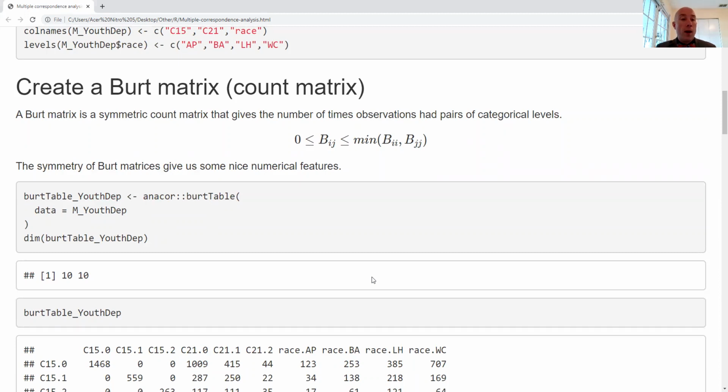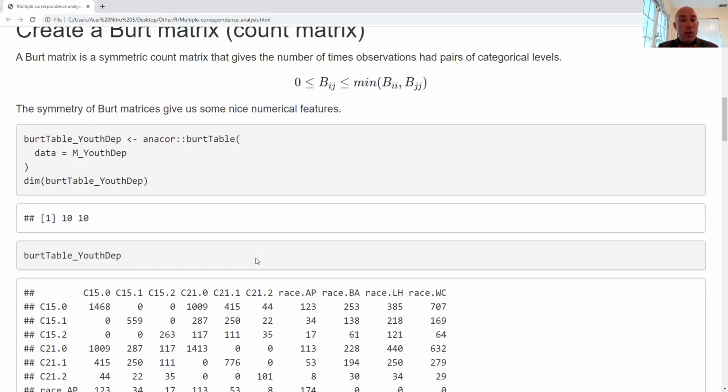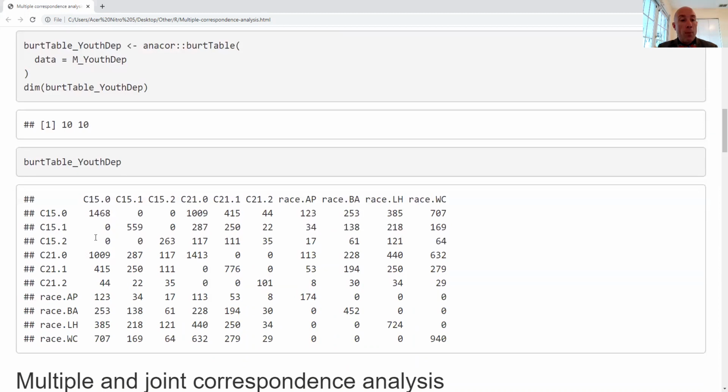Okay, so first I want to take a look at the output. Here, this tells me how many times C15 had level 0, how many times C15 had level 1, how many times C15 had level 2, how many times C21 was 0, how many times C21 was 1, how many times C21 was 2, and then these are the number of times that we have for each race.